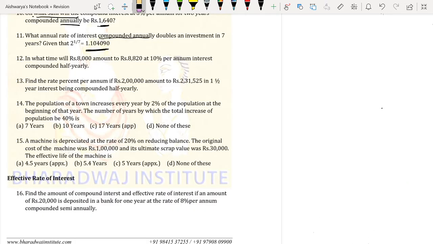Okay, so in this question we don't have any values. Oh sorry, we are going to find N in this question. N is question mark. 8,000 is your principal. Amount is 8,820.